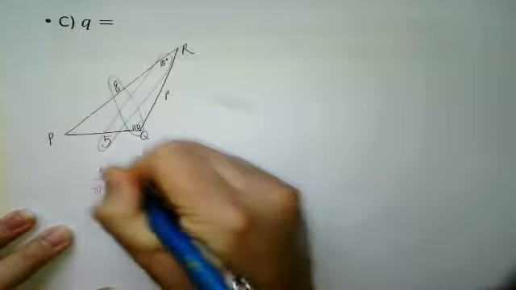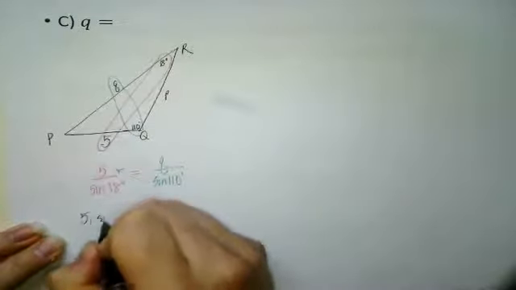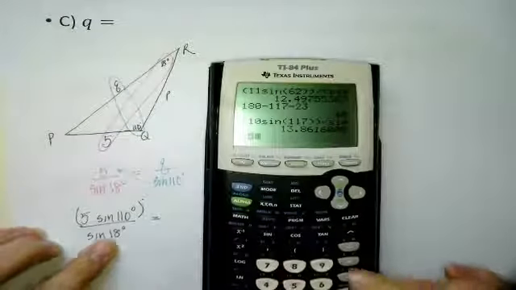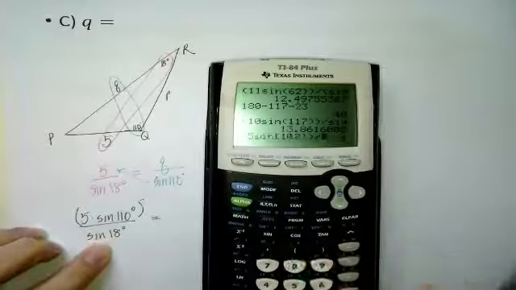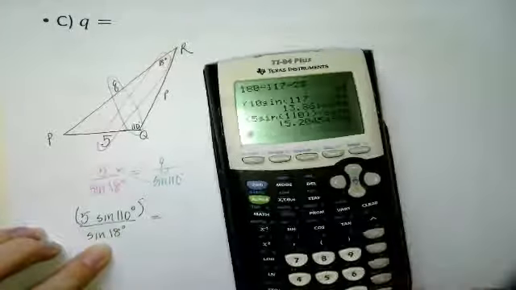All right, so all I need to do is multiply that sine of 110 to the other side, and that's the easy way to isolate Q. So 5 times the sine of 110 over the sine of 18 degrees. That's what I'm going to type into my calculator: 5 times the sine of 110 divided by the sine of 18.